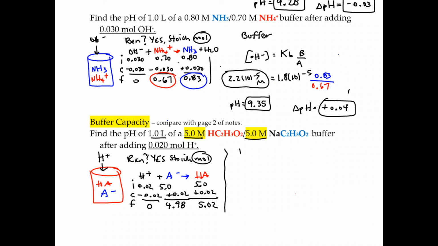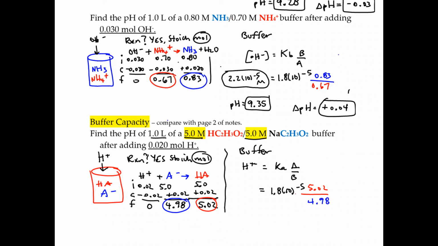Okay, so what do we have? We have a buffer because we still have acid and conjugate base. So we do the shortcut. I'll use the H plus shortcut since we know the Ka. Ka, A over B. The Ka is 1.8 times 10 to the minus fifth. The acid is the HA, 5.02. The base is the 4.98. That goes over here.